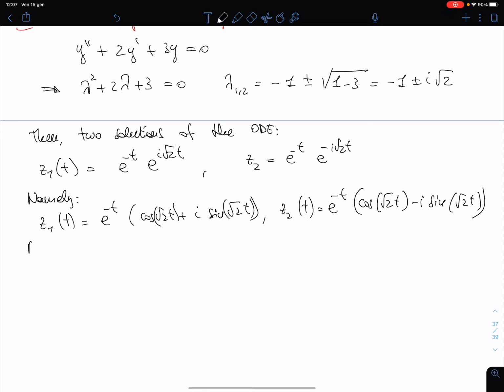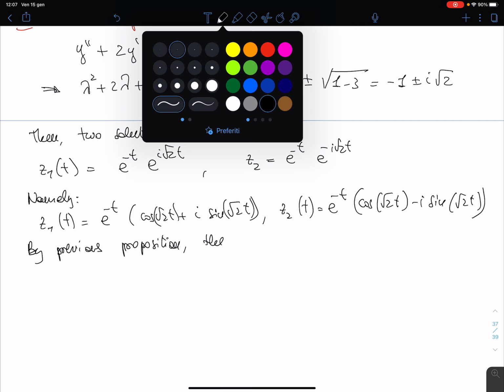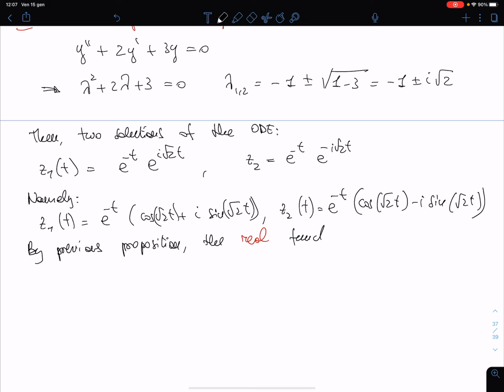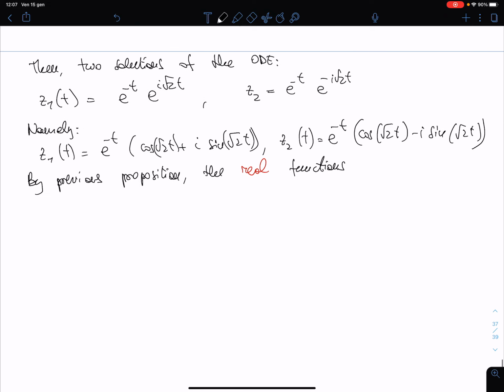So using the previous proposition, the real functions here we have y1, which is the real part of z1, which is e to the minus t cosine square root of 2t, and y2, the imaginary part of z1, which is minus the imaginary part of z2.